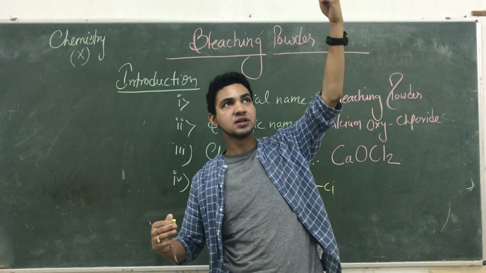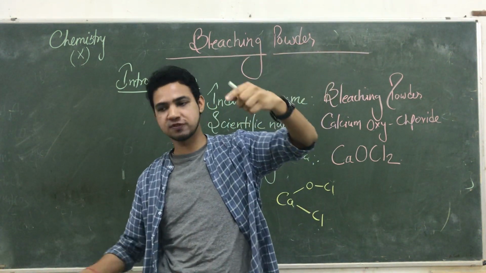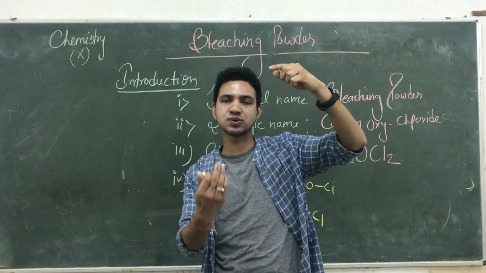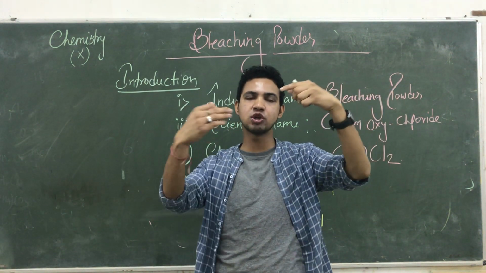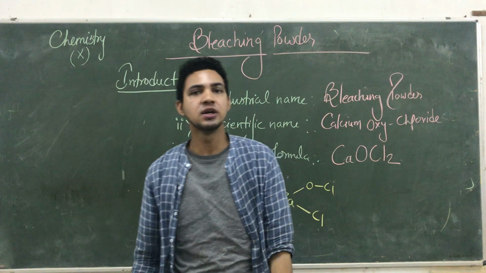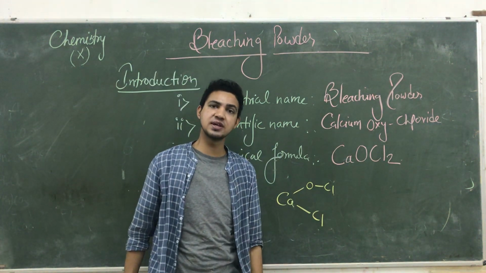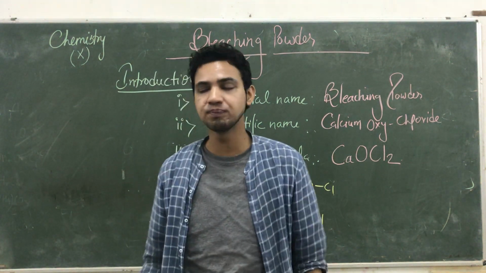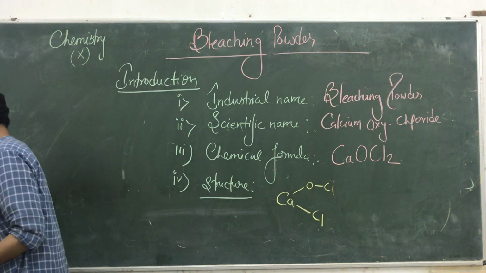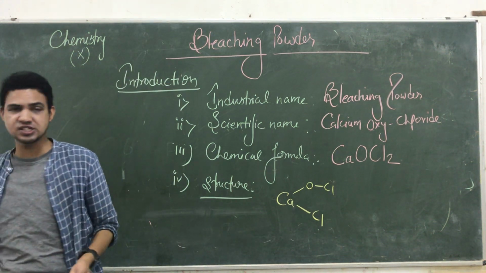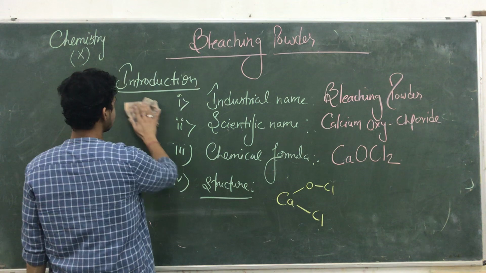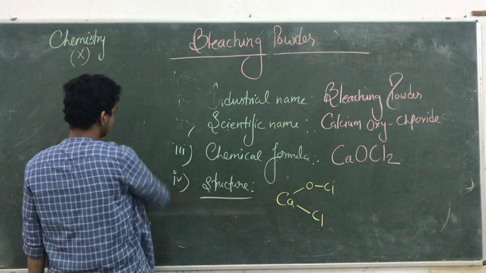We pass the lime water from the upper side and the chlorine gas from the downside. When they come in contact with each other, they give a white colored powder. This is known as calcium oxychloride. See its preparation method, how calcium oxychloride is prepared in industry. So that introduction is complete.